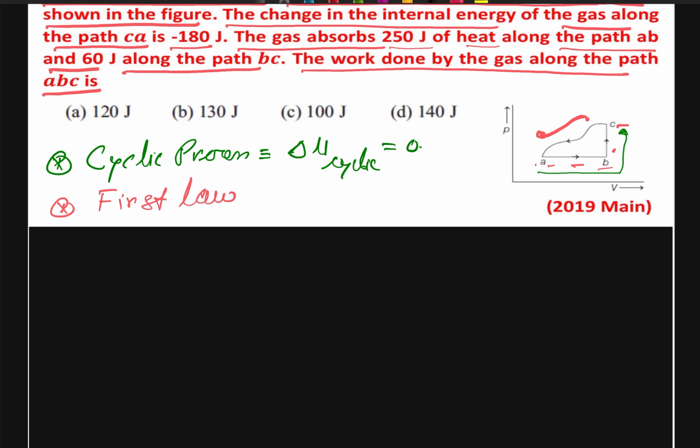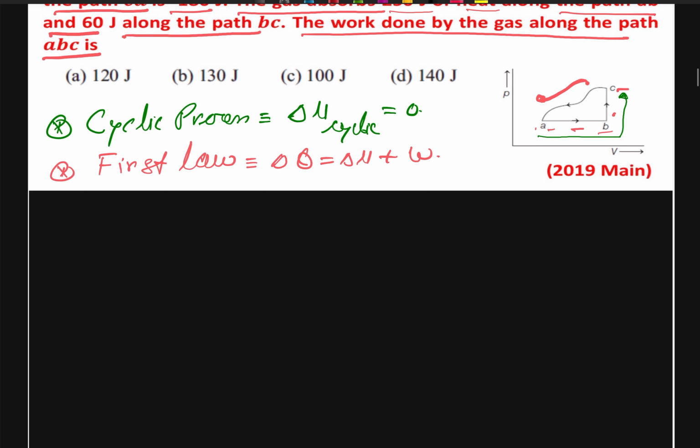we can write that our delta Q is equal to delta U plus W. Here we know our delta Q is the heat added, delta U is the change in internal energy, and W is the work done by the gas.